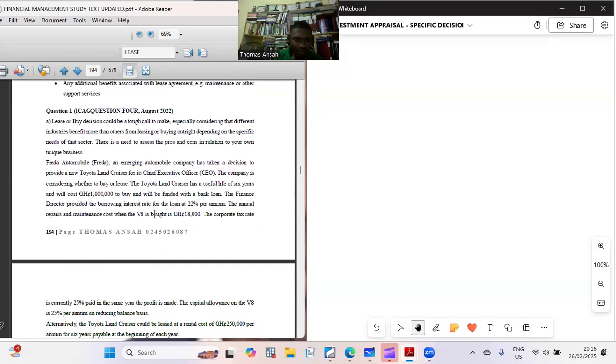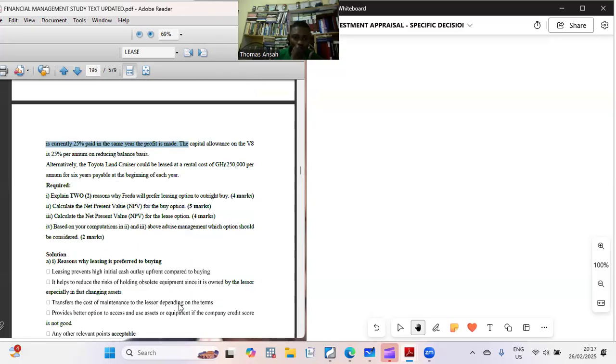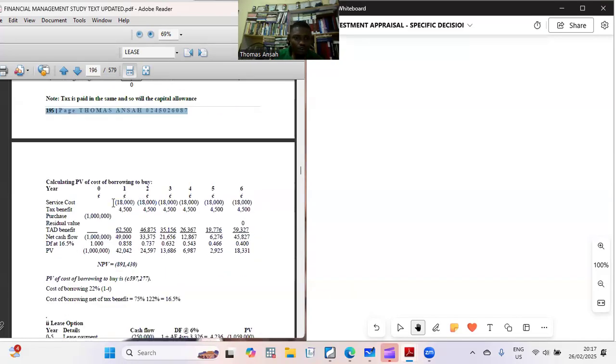Corporate tax, yes, in the same year profit is made. So this one is your only loss, so we don't do the income. So the tax will be positive for that.